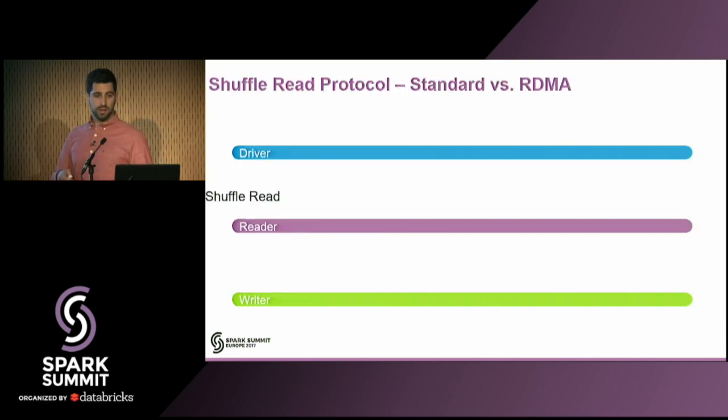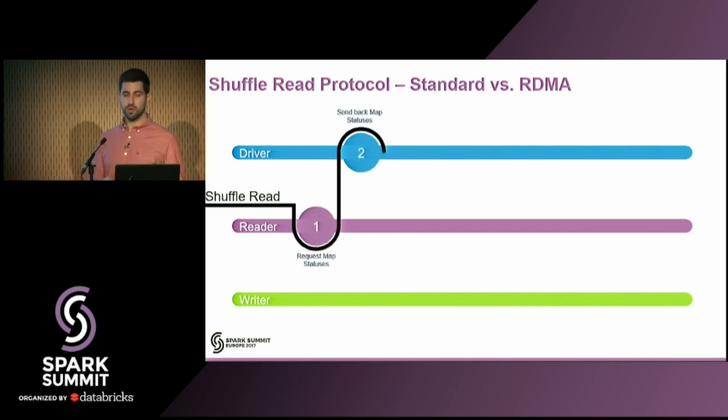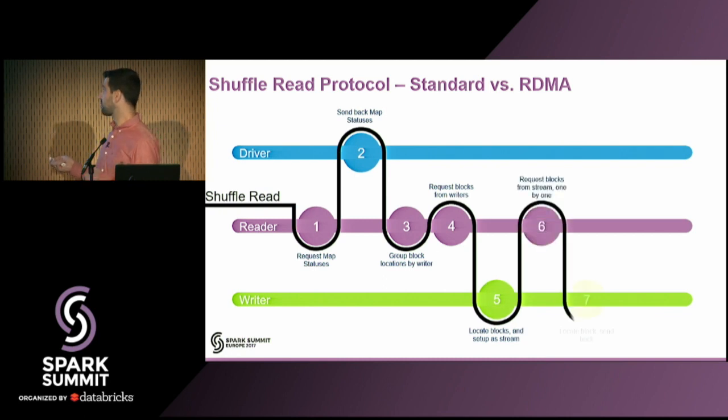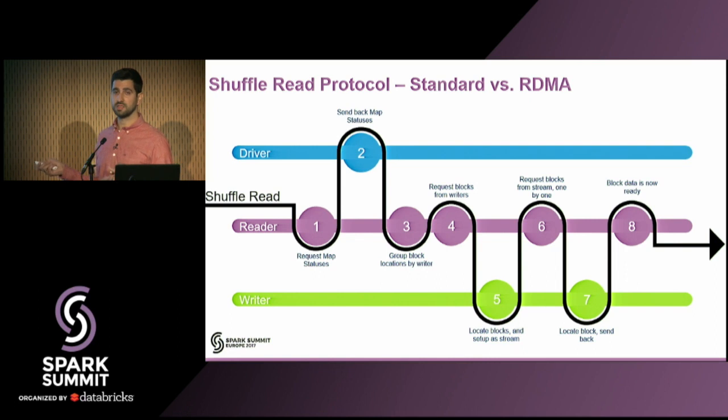So let's go back a little bit and show how the protocol changes when we introduce RDMA. This is the standard protocol again, and we can see that there are a lot of steps here, lots of messaging going on. What we did in the RDMA implementation of the read protocol is try to make it as slim as possible, reduce the amount of messaging, and improve CPU utilization.